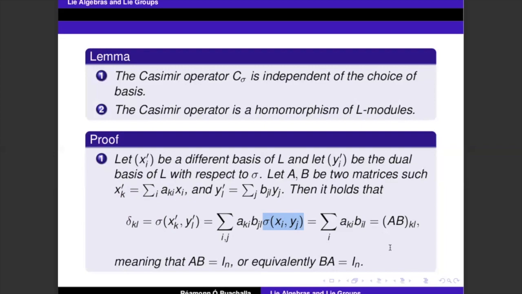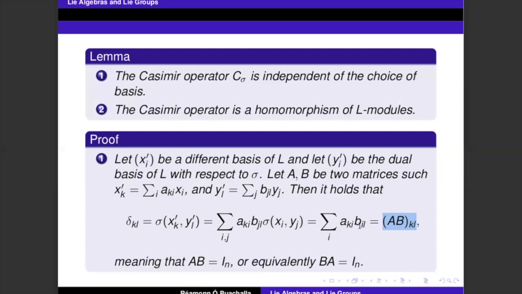But what is this? Well, this is just matrix multiplication. It's the coordinate kl in the product of the matrix A and B. It's the matrix entry of the product. Just usual matrix multiplication that you all know very well. So what does this mean?